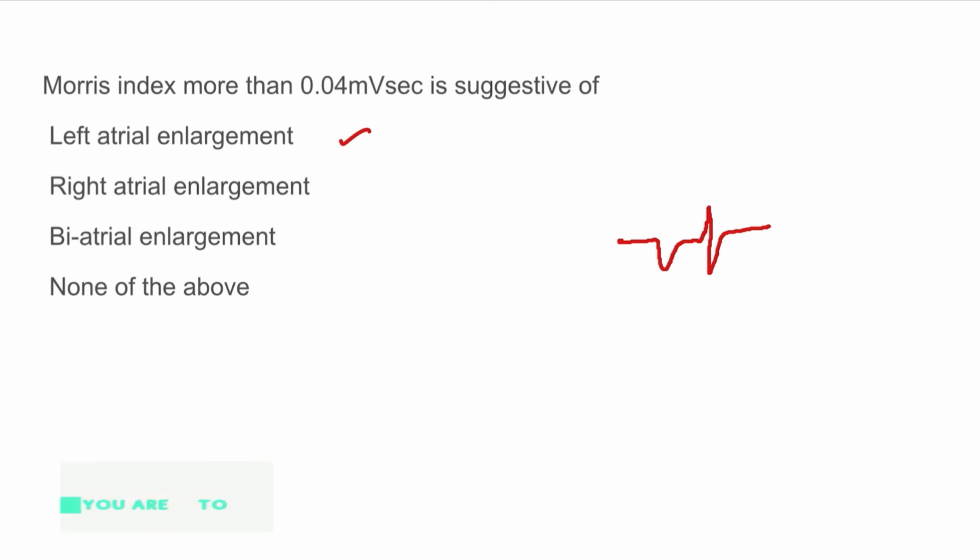We have to multiply the length and breadth of the terminal negative portion of the P wave in lead V1. So this is lead V1. We have to multiply the length and breadth. So which is the length? Length is between this point and this point. Probably we will name it A and we will name it B. So AB is length.